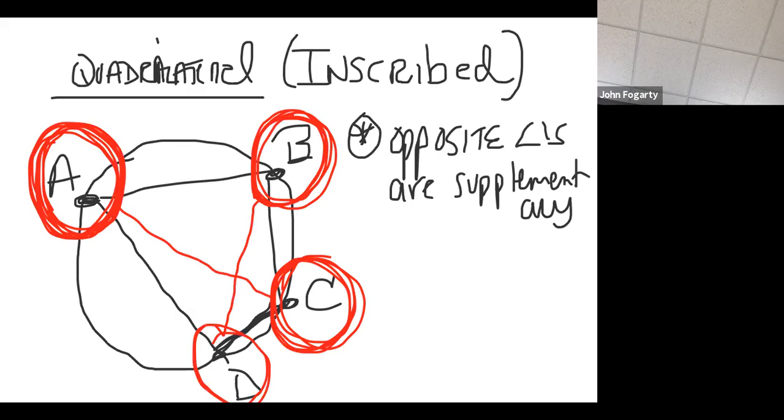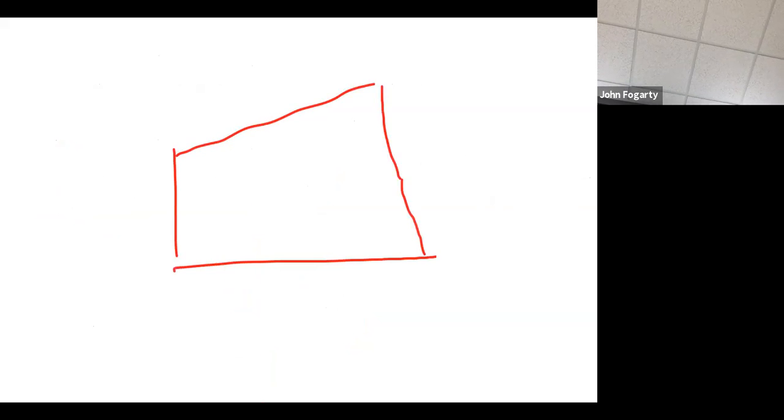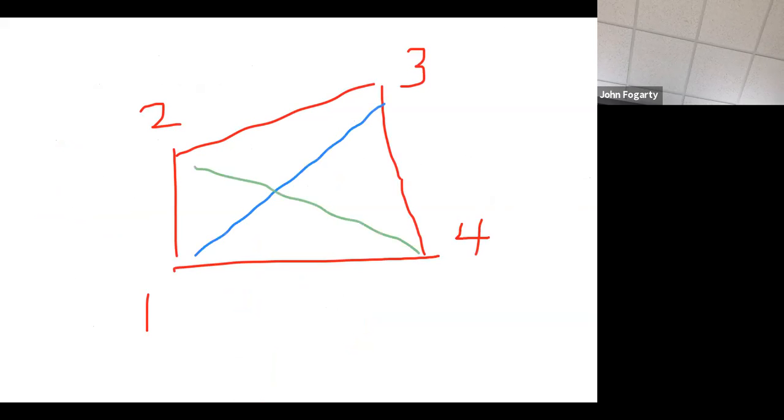Angle D. So for example, let me just draw a quadrilateral. Angle 1, 2, 3, 4. So 1 and 3 are opposite. 2 and 4 are opposite.